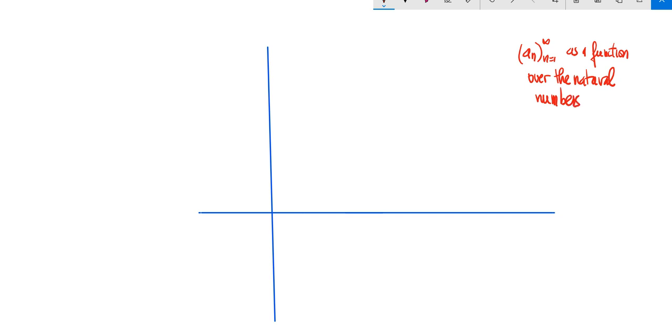What this means is that we have 1, 2, 3, 4, 5, and so on. These are the natural numbers or counting numbers. Suppose a sub n is equal to 1 over n again, then a1 is 1. So suppose this is 1. Then this is the first term of our sequence.